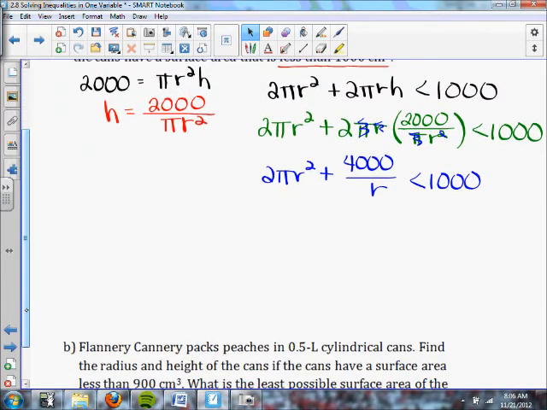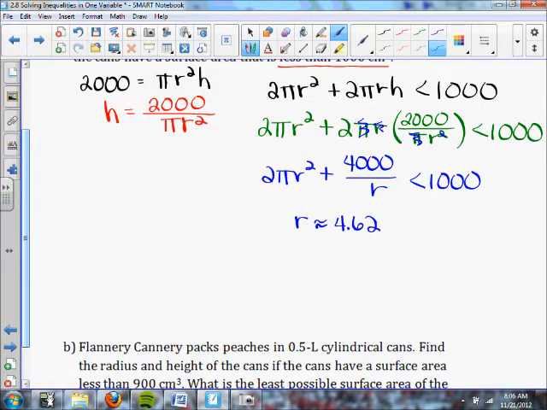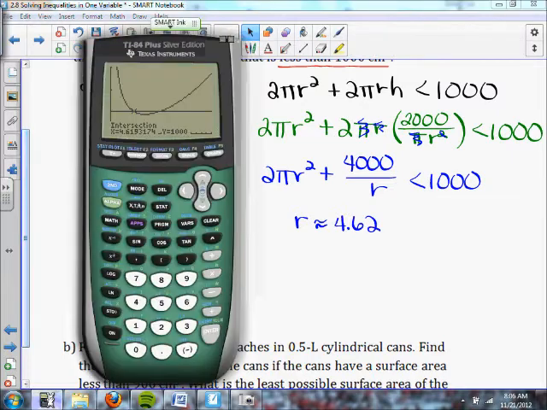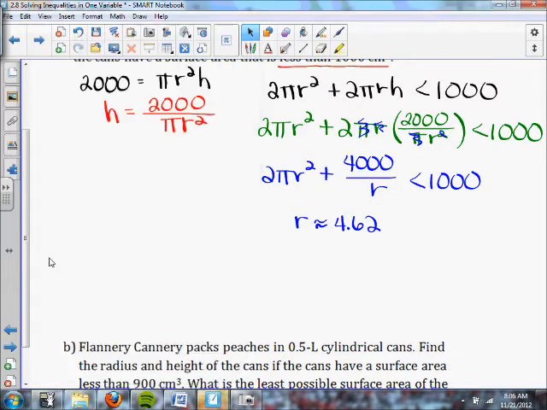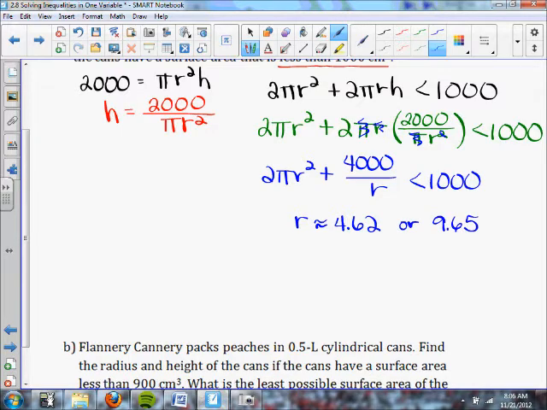4.62 and 9.65. Okay, so here's what we're going to have.